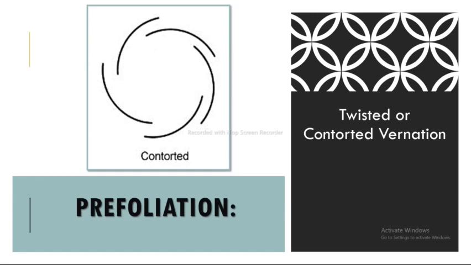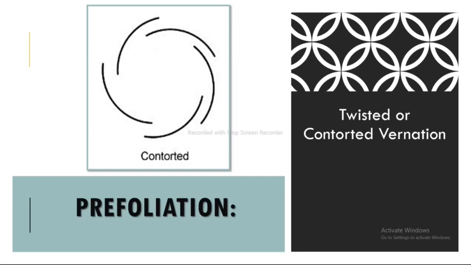In this condition, when overlapping is regular in one direction, so that the one margin overlaps the next member on one side, while its other margin is overlapped by the one before, giving a twisted appearance to the bud.